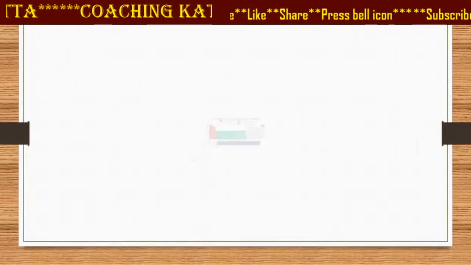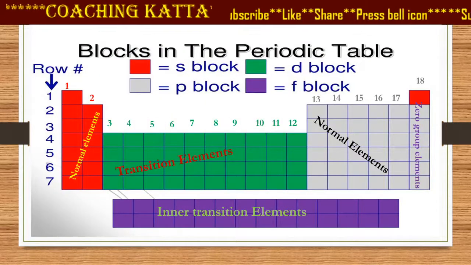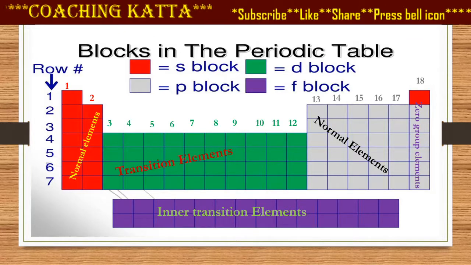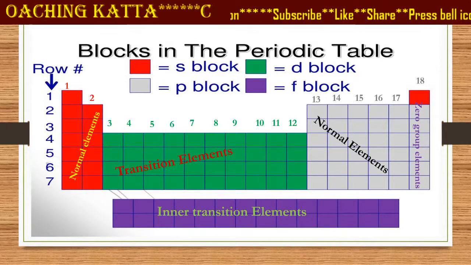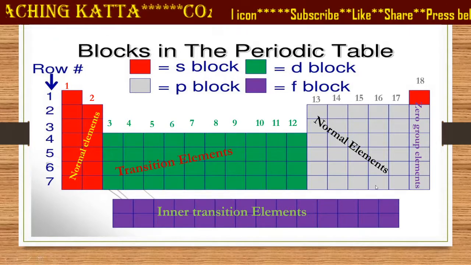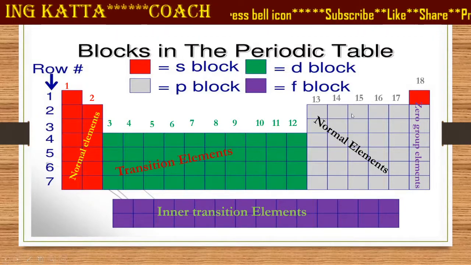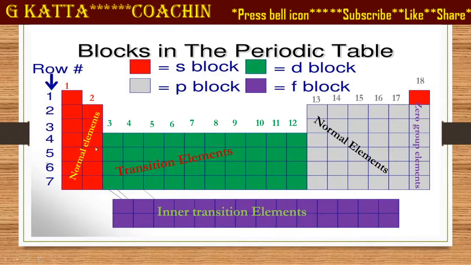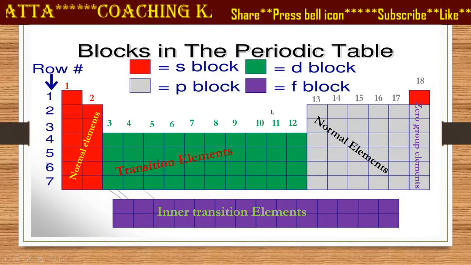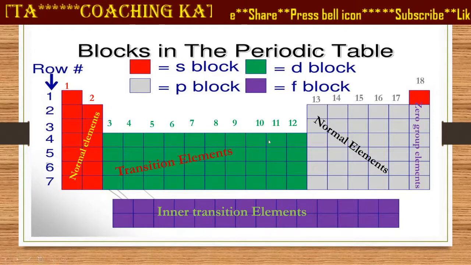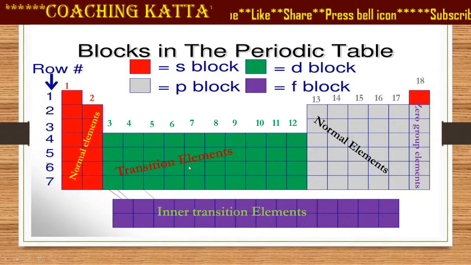In the diagram, the classification of elements in different blocks and their types are shown. See here, group number 1 and 2 are known as S block elements and called normal elements. Group number 3 to 12 are known as D block elements and also called transition elements.